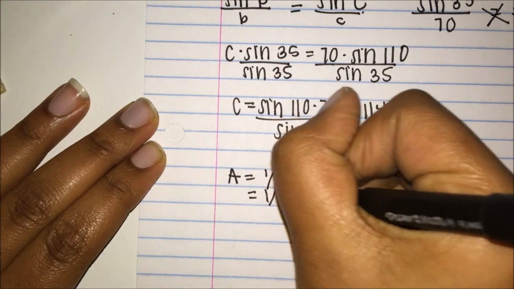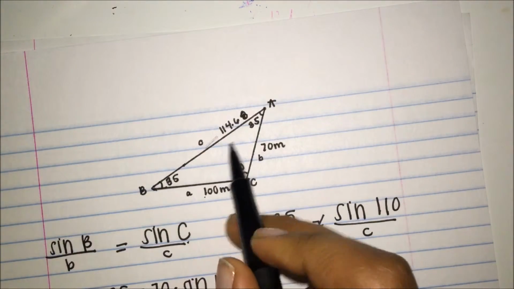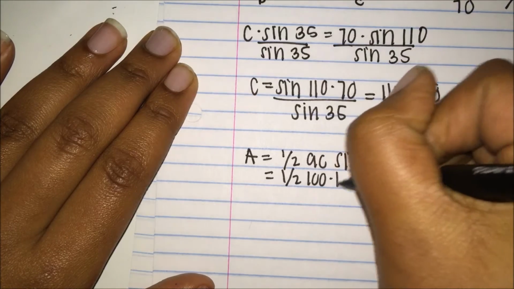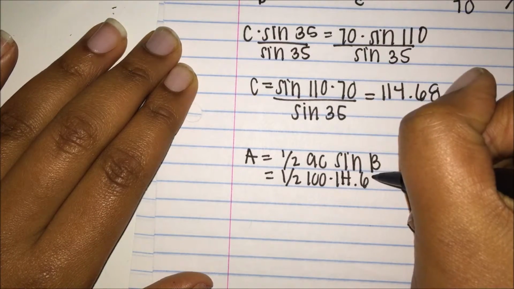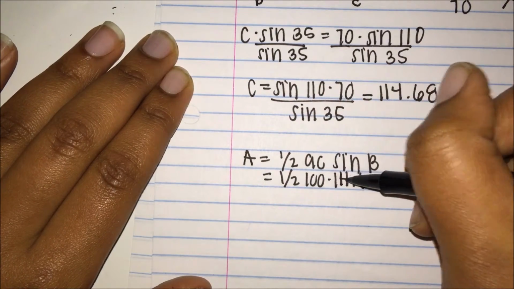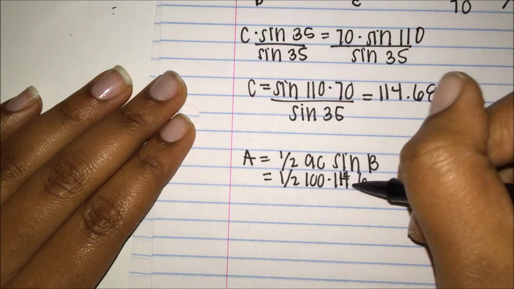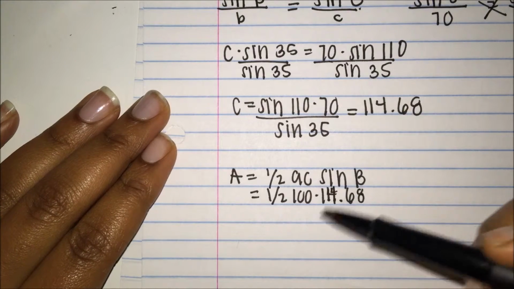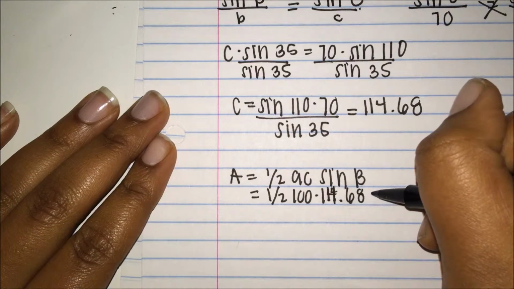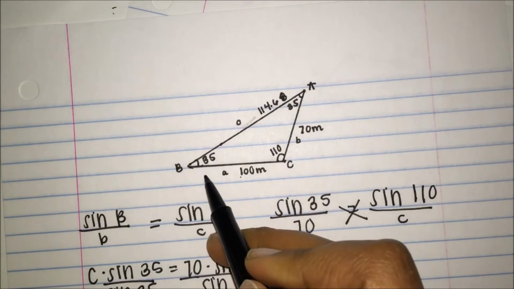So one half of a, which is 100, times c, which is 114.68, times sine of B, which is 35.